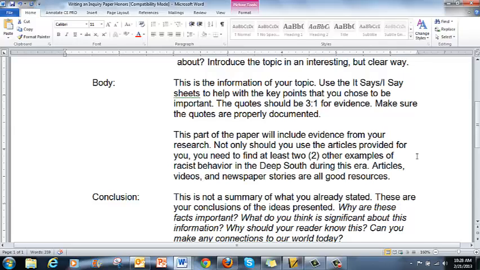Do you remember? Who did we see on TV that they reported on? Medgar Evers was gunned down in his driveway because he was fighting for civil rights for people of color. So there are lots of other examples of racist behavior in the Deep South during this era.